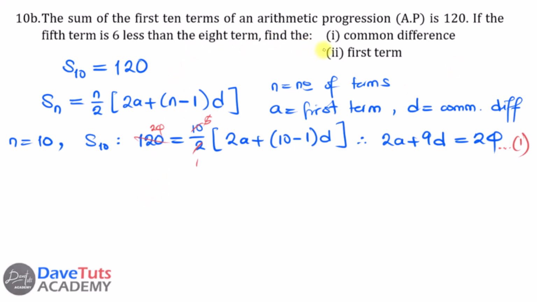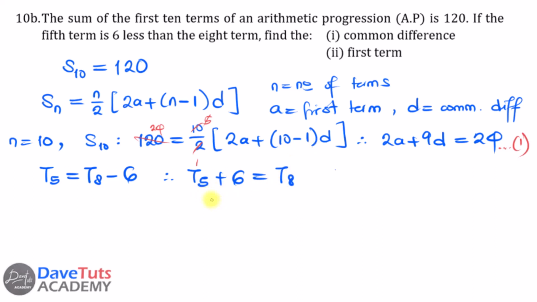Now the second statement, we are being told that the fifth term is 6 less than the 8th term, which means that we have t5 is equal to t8 minus 6. Or if we rearrange this, we say t5 plus 6 is equal to t8. But normally between t5 and t8, how many common differences are we going to have?